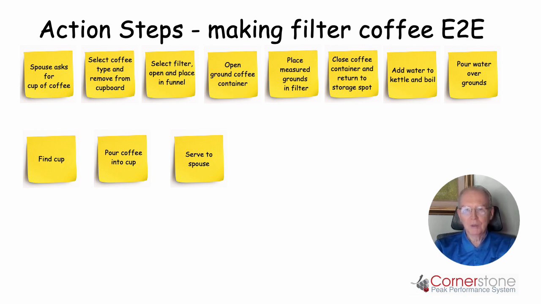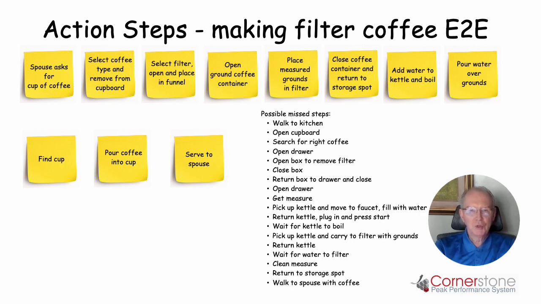And then you add water to a kettle and you boil the water. And when that happens, you pour water over the grounds, and the water goes into the pot that the filter is standing on. And then you find a cup and you pour the coffee into the cup, and then you serve it to the spouse. So these are a high-level look at the steps that you take to transform a customer request for a cup of black coffee into it being delivered to the person.